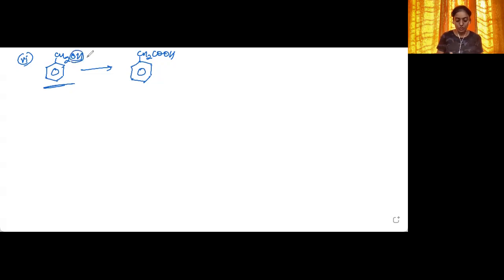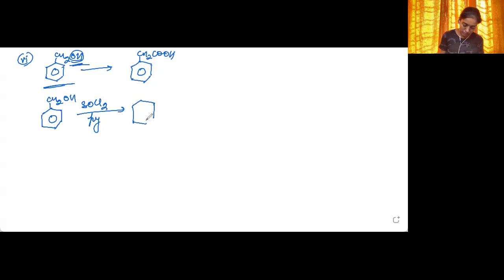So what we will do, first we will convert this benzyl alcohol into benzyl halide. Then we will convert the benzyl halide into cyanide. Then that cyanide will be hydrolyzed to give the carboxylic acid. Okay, so let's now write the reaction. CH2OH. So I'm just treating it with SOCl2 in the presence of pyridine. So CH2Cl.